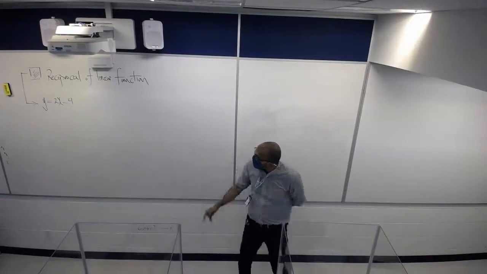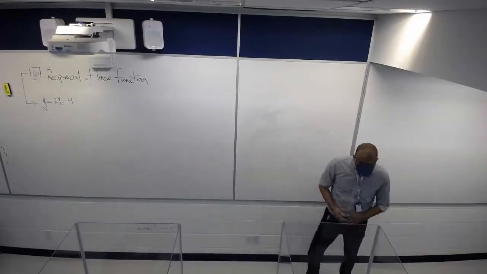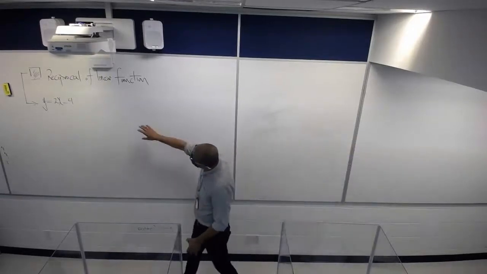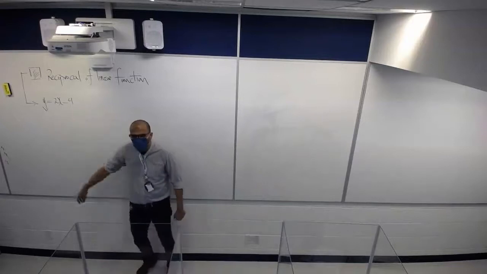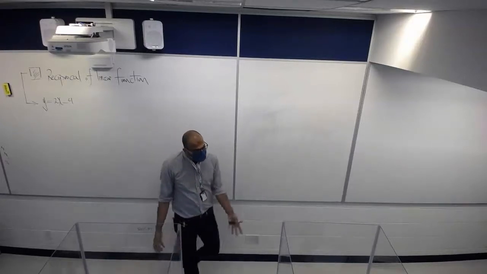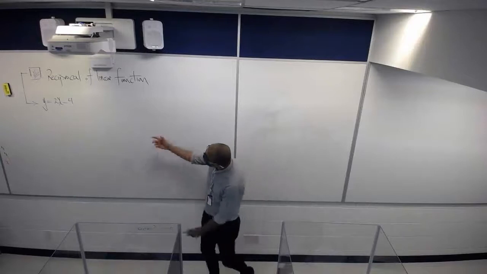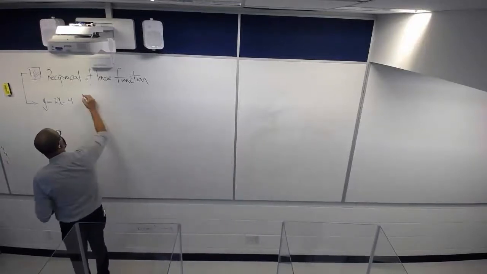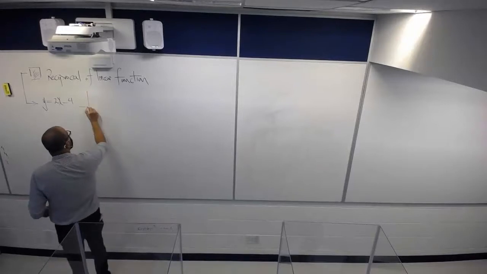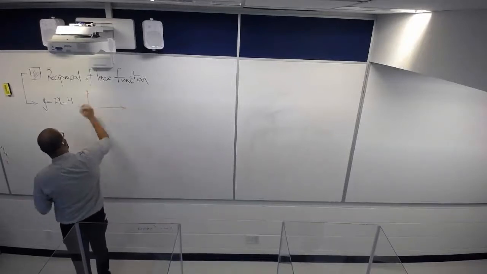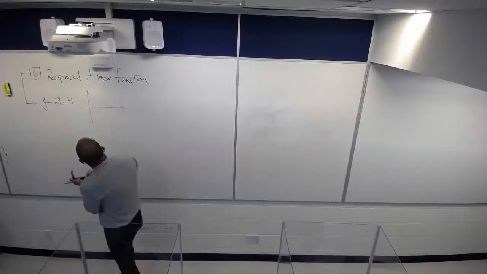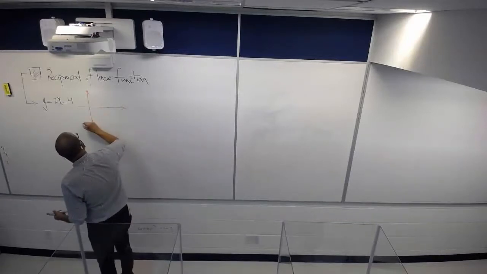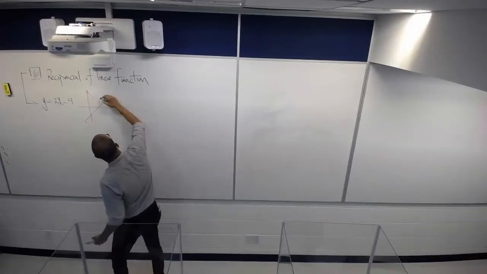Look at this one. The first function that we see on the board seems to us a very normal function. You look at it, it behaves quite normally, because even if you try to plot it, you see that it's a completely natural function.